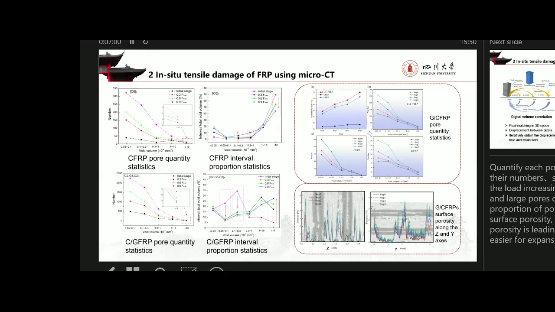We can see different FRPs have different trends. For the hybrid, we can give statistics of the surface porosity, and the largest pores are in the interlayer, and these edge pores are easier to expand.